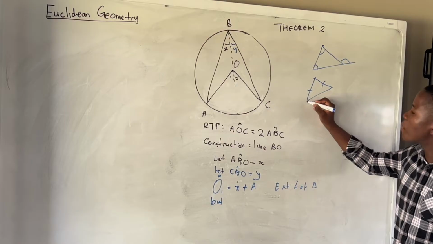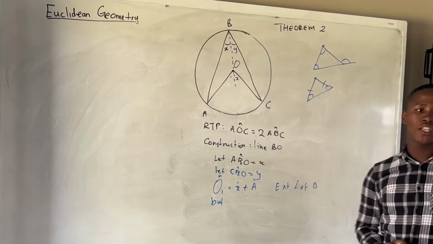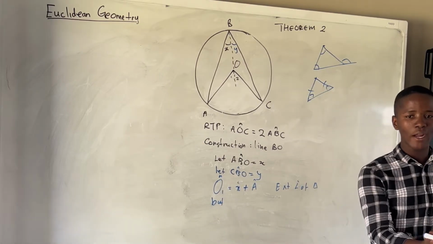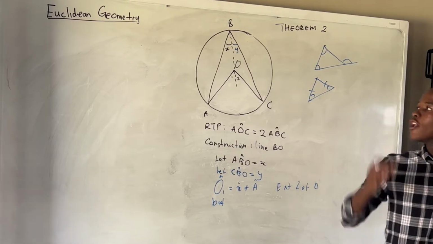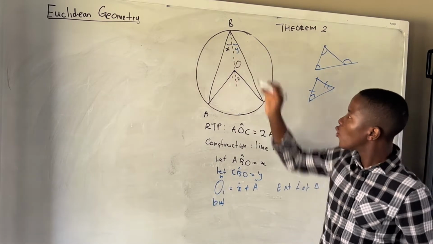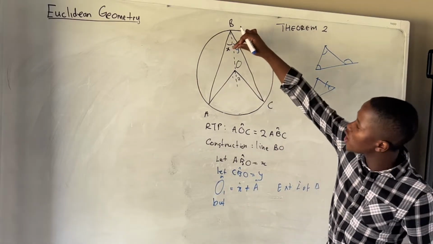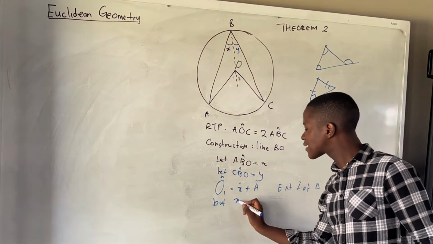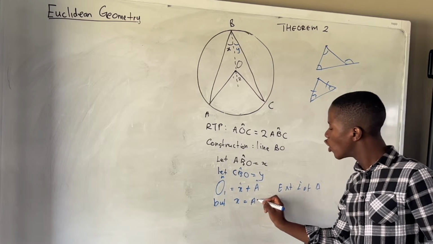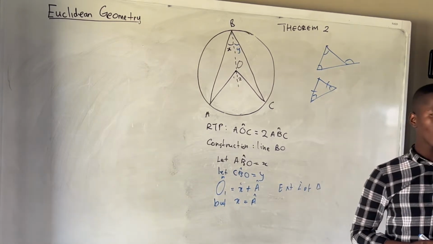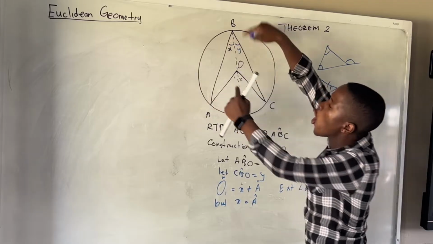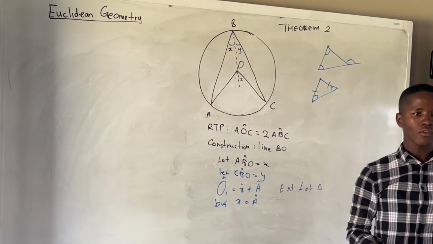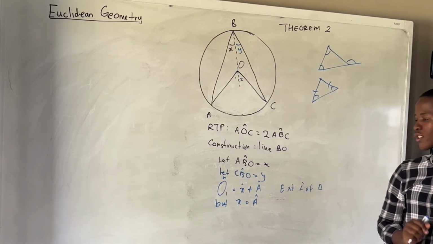And you know that the base angles of an isosceles triangle are equal, right? So therefore, this particular angle, your angle X, is going to be equal to your angle A. Can you see that? Because these angles are the base angles of your isosceles triangle.